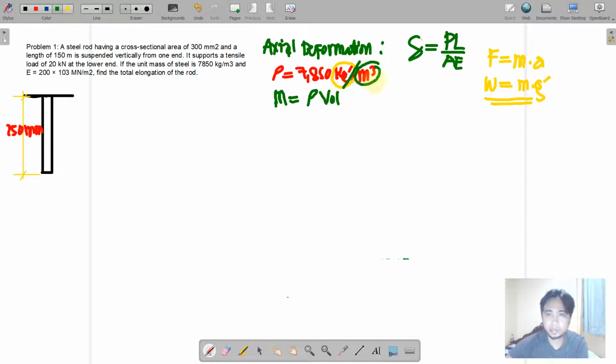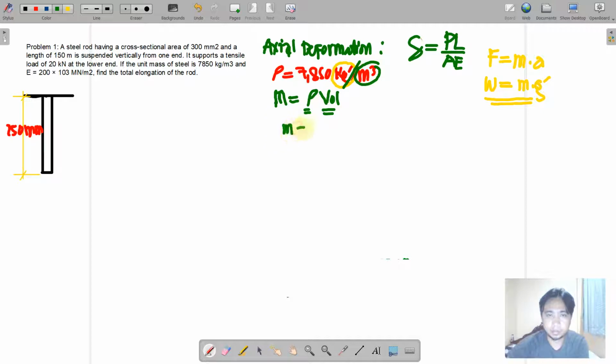Again, we have to eliminate this cubic meter in order to come up with a unit of kilogram only. How shall we eliminate this one? If we multiply it by the volume, then we can come up with the kilogram only. That is why this is rho times the volume. I hope that is clear.